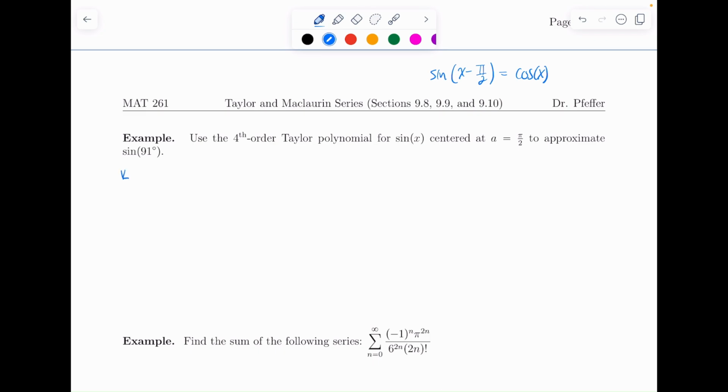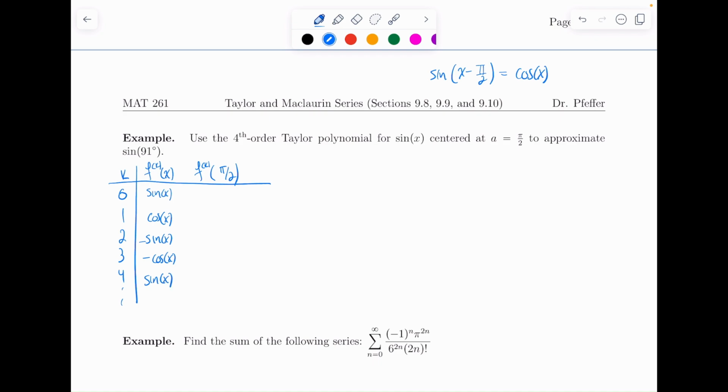We'll start with an index k, because with sine and cosine we know there's a lot of zeros. And as we did before, I take the kth derivative, and then I'm going to plug in pi over 2. So k is 0, 1, 2, 3, 4, etc. The kth derivative is going to be sine of x, cosine of x, negative sine of x, negative cosine of x, and then sine of x.